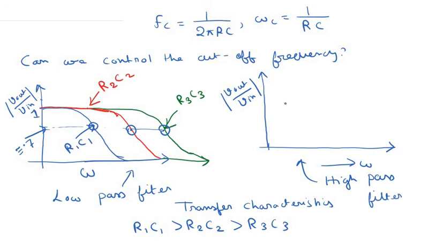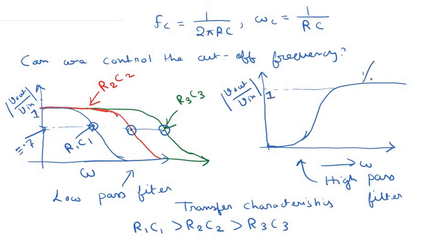Let us say we have got our transfer characteristics for this particular RC product, which is R1C1 over here, and we get this kind of characteristics. At low frequency, V out is 0, and V out is approximately equal to V in at high frequencies. So this is basically 1 here.